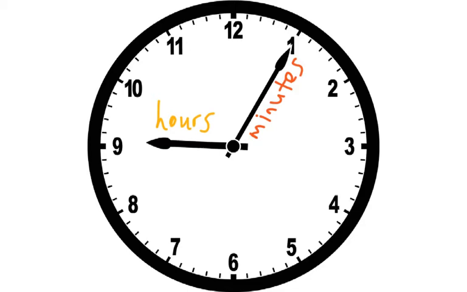You will also notice that the clock is labelled. Now, not all clocks are labelled with numbers, but this one is. You'll see it starts with 12 and it goes 1, 2, 3, 4, 5, 6, 7, 8, 9, 10, 11, and then back to 12. Have a look at the hours hand again, the shorter hand.